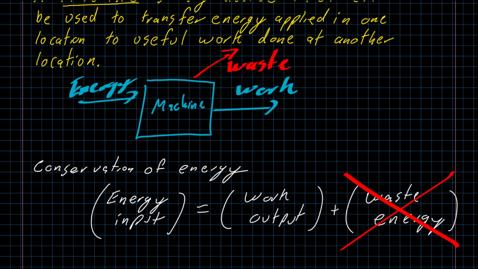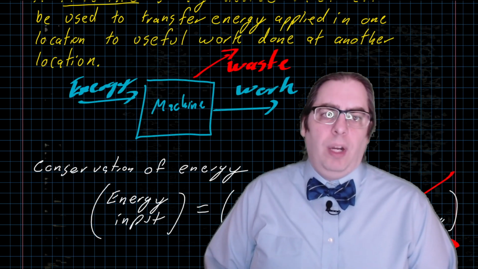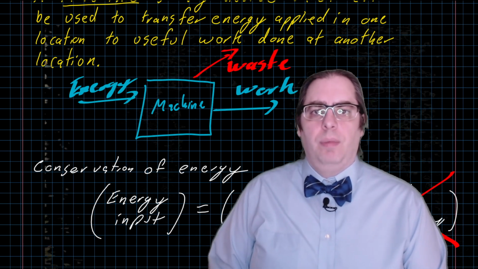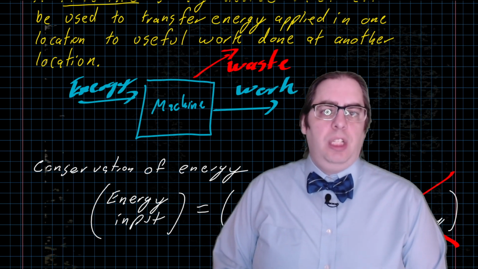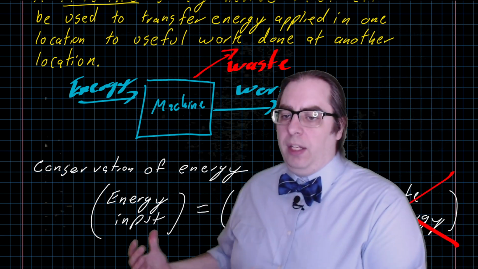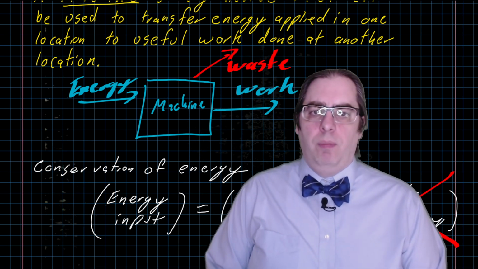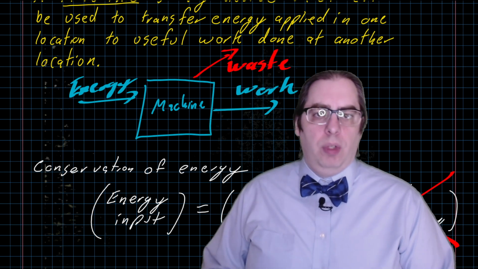All of the energy turns into work. Although, in and of itself, that raises an interesting question. If a machine is not perfectly efficient, if it takes more energy than the amount of work you get out of the machine, what is the value of the machine?